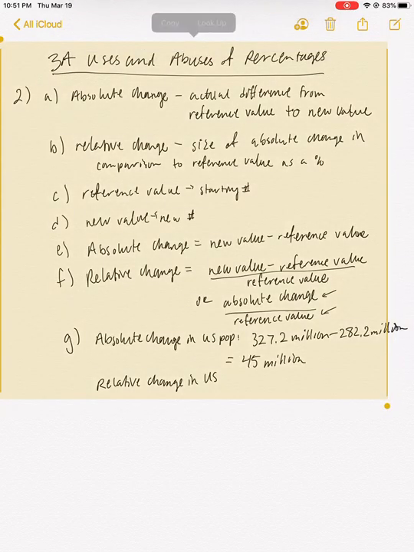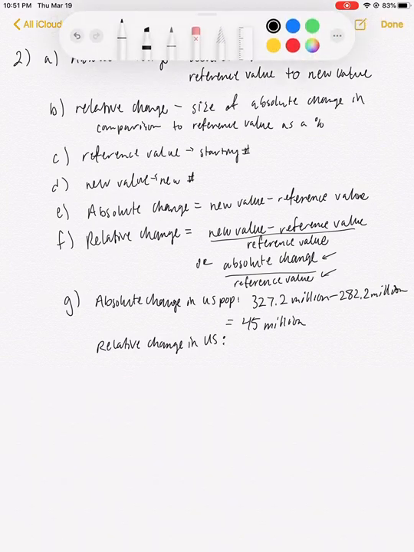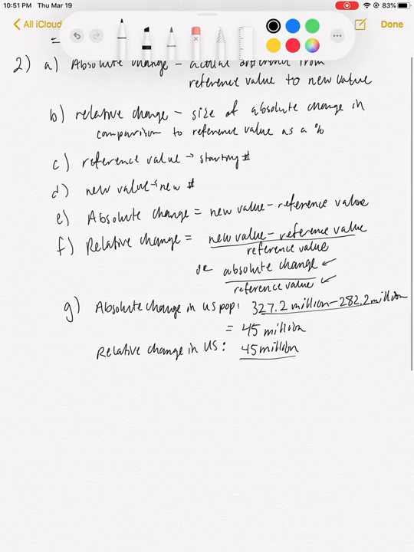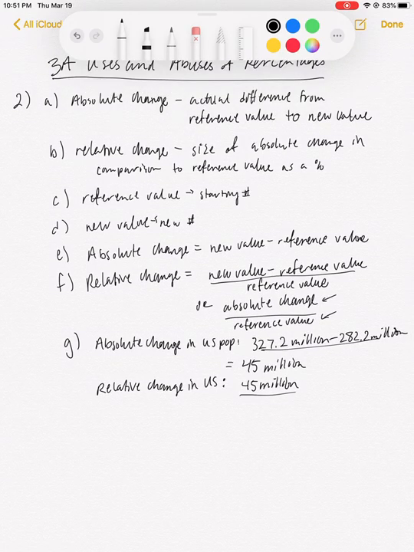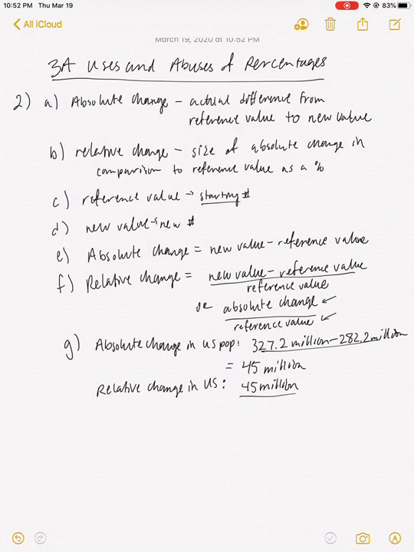Okay, so I can already say that the relative change is the 45 million, this right here, divided by the reference value. Now the reference value again was the beginning number, the starting number. The reference value is going to be 282.2 million. And I'm going to multiply that by 100%.